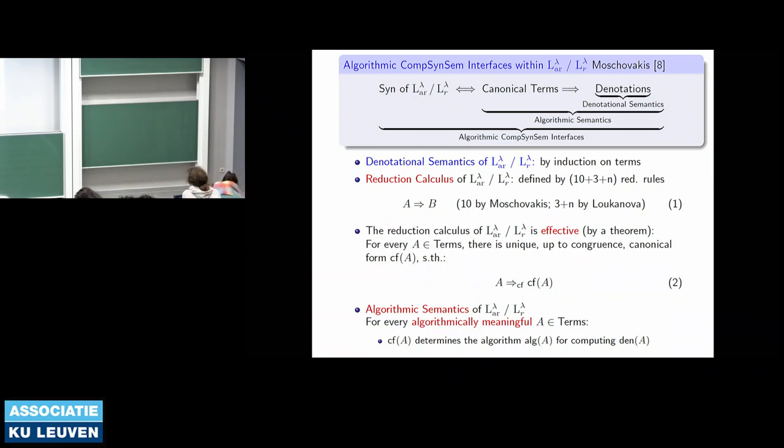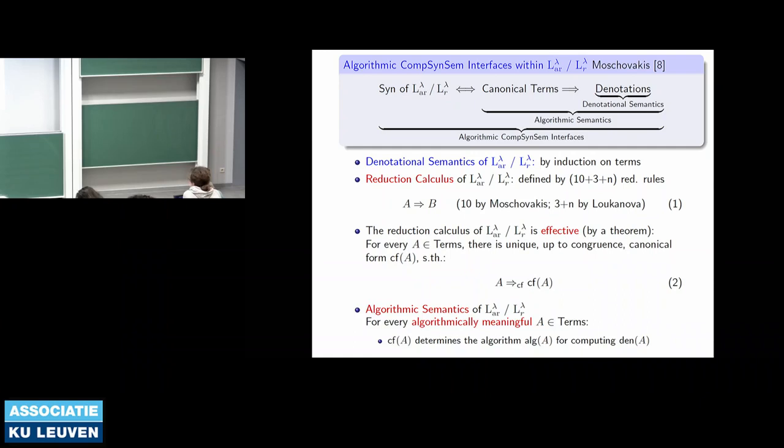This algorithmic semantics is provided by a special system of reduction calculus. The minimum number of rules is 10, actually. I counted 10 here, but there are originally 13 by Moschovakis. I wrote 10 because I ignored the congruence.